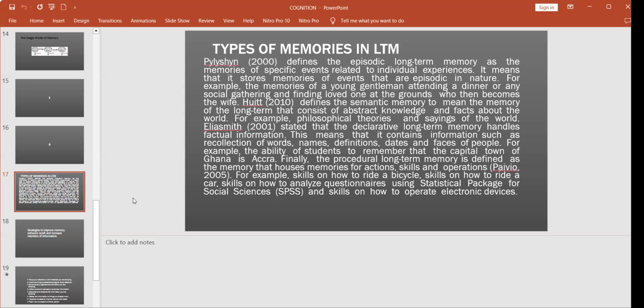Okay. So one more thing about the long-term memory. Long-term memory takes in 3 types of memory information. You can say long-term memory has 3 types of memories. First is the semantic memory. Semantic memory is knowledge related.